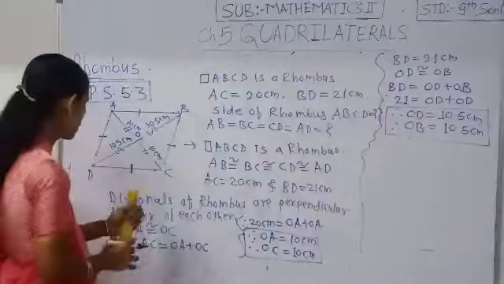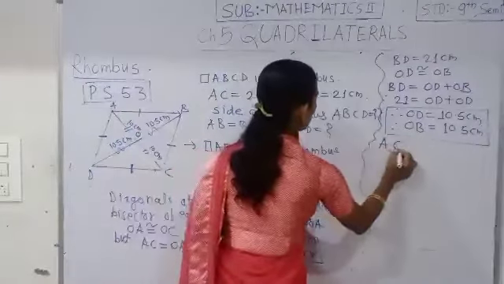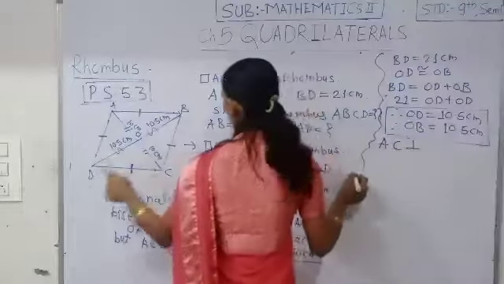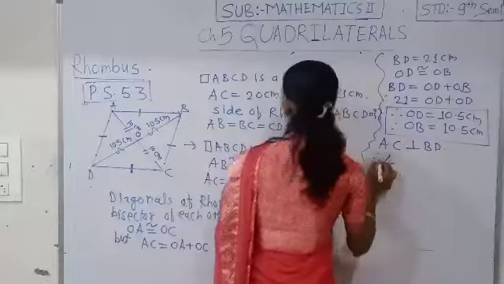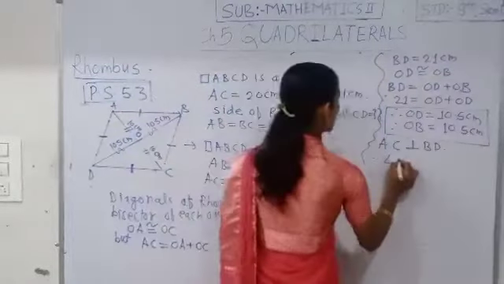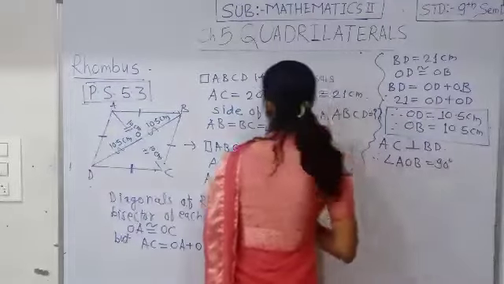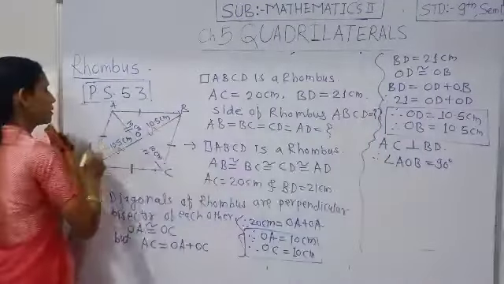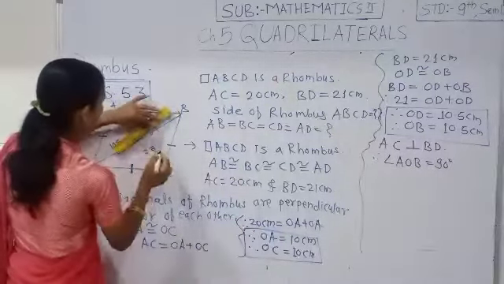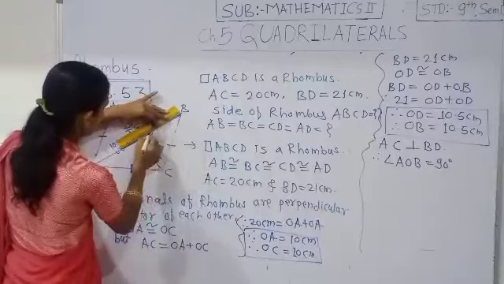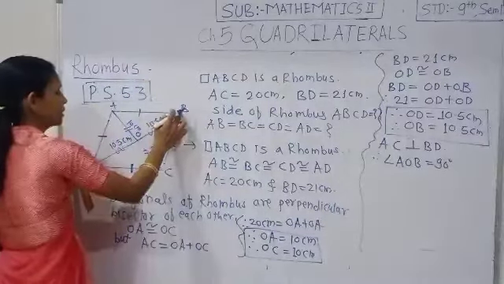But according to this property we can write that AC is perpendicular to BD, therefore angle AOB is 90 degree.